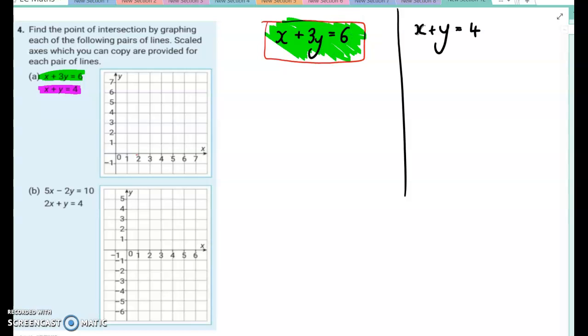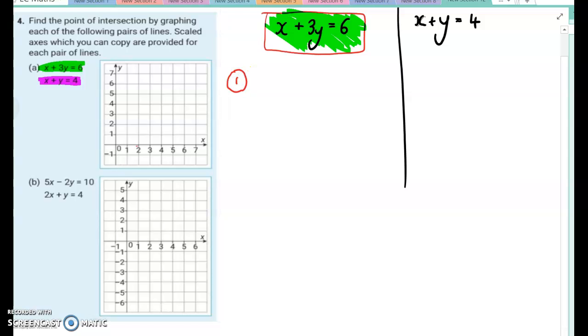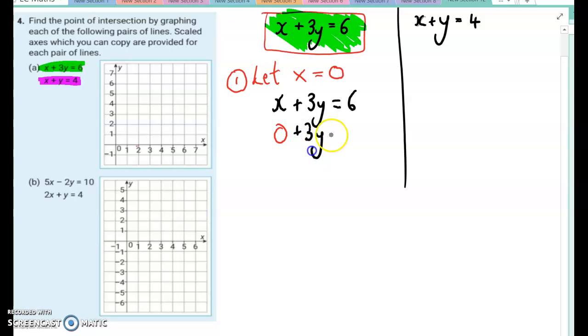And to do that, I follow a very simple step. Step 1. Let x be equal to 0. So in my equation, x plus 3y equals 6, I say 0 plus 3y equals 6.